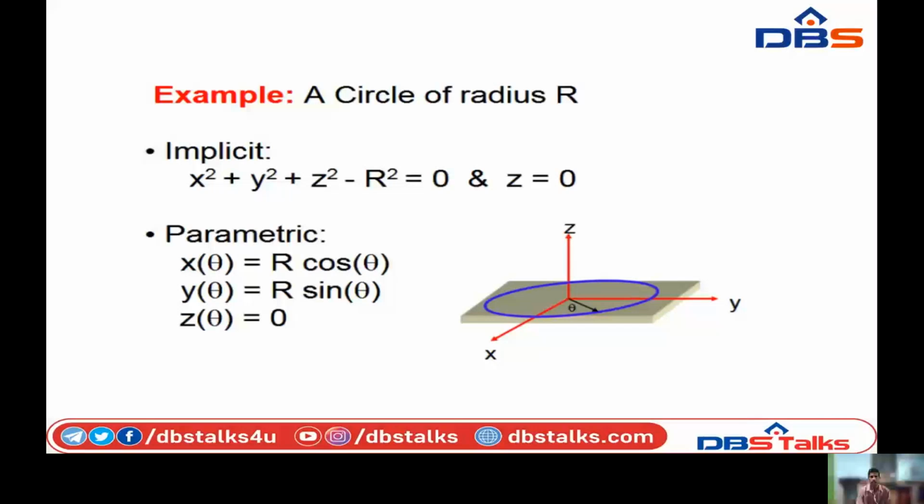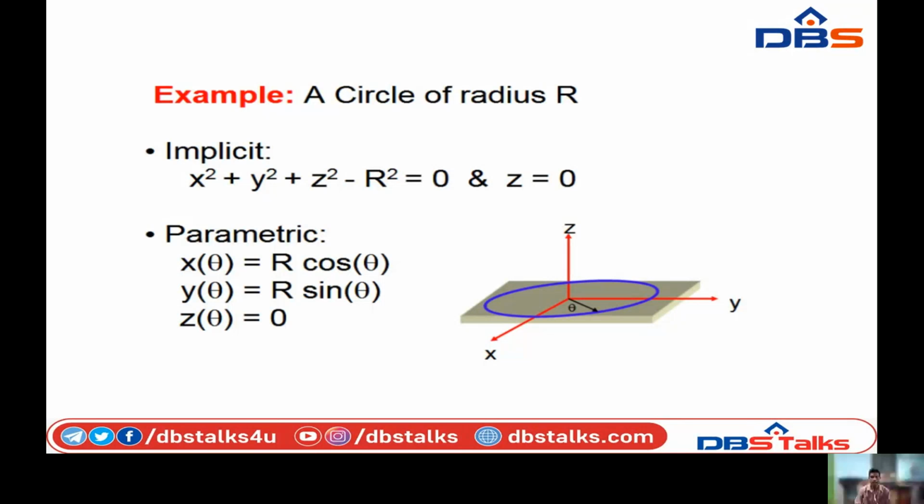When it comes to implicit, that means implicit or explicit, it is related to the non-parametric equation. That will be x square plus y square plus z square minus capital R square equal to 0. That means the radius for all three directions will be 0, and the z direction is also 0.